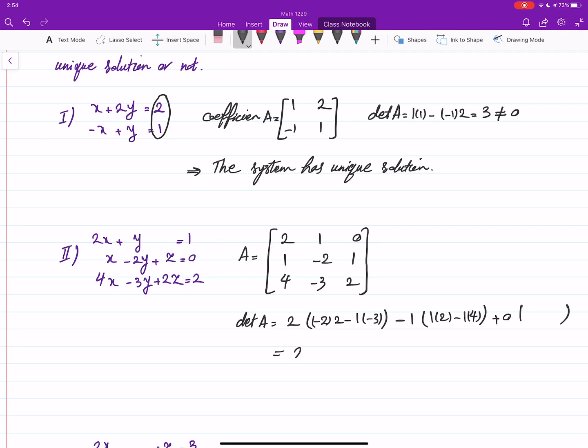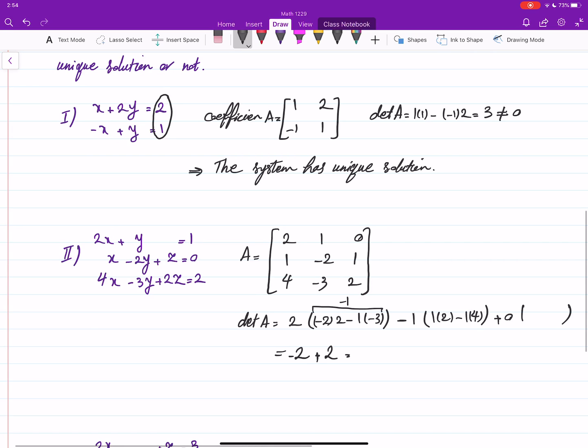2 times negative 1 is negative 2, minus 1 times, this is 2 minus 4, negative 2. So it is negative 2 minus negative 2, and you get 0.